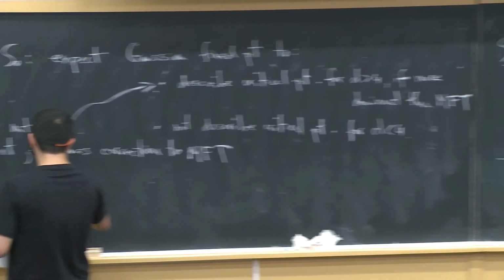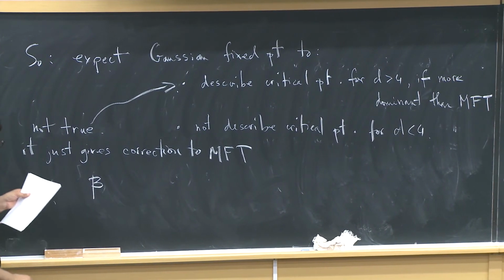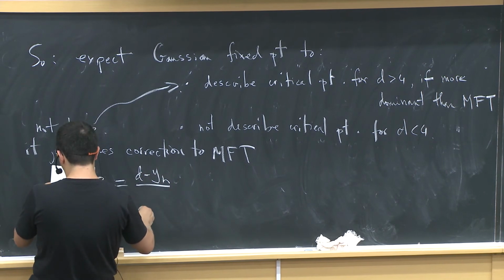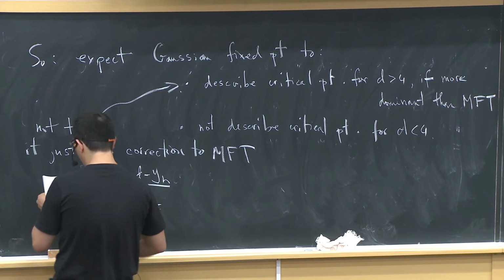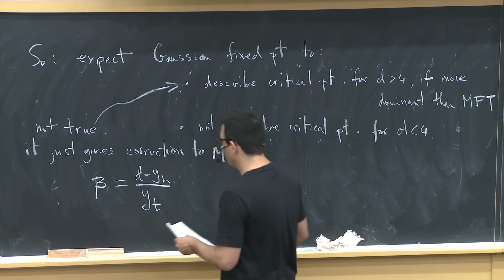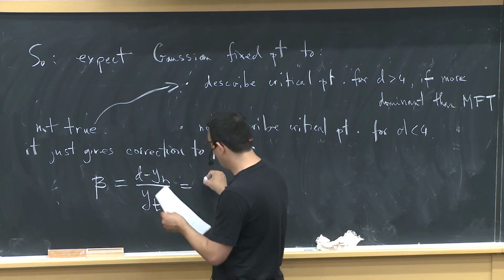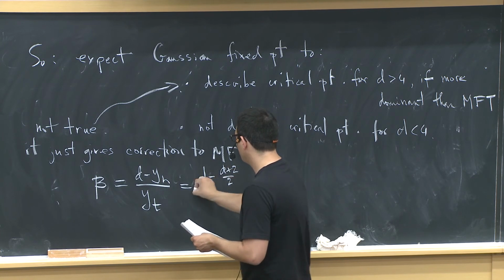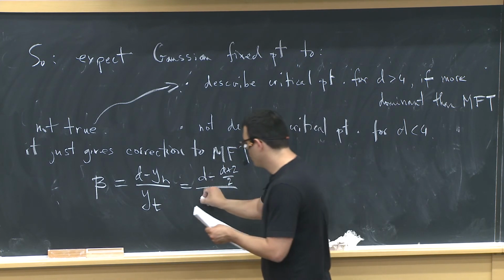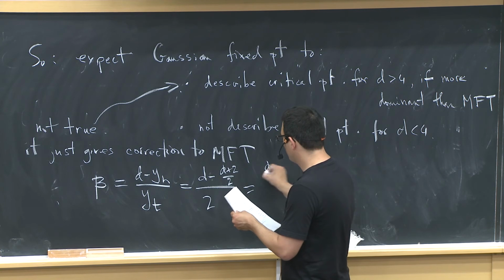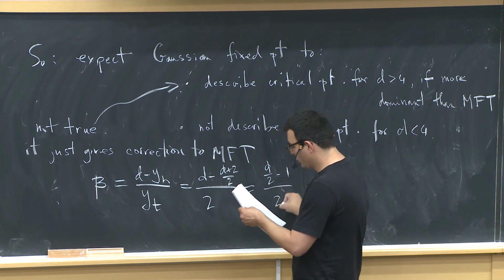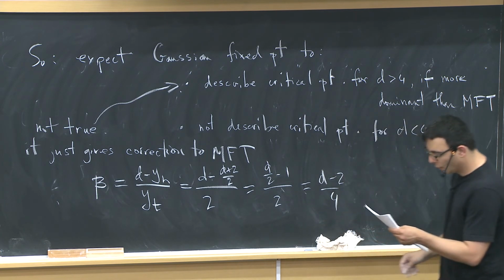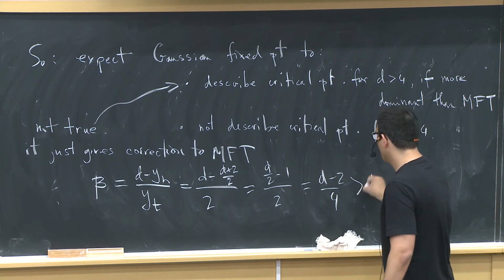And what we got, for instance, for beta was that this is (d minus y_h) divided by y_t. And if we plug this in, we get d minus (d plus 2) over 2, everything divided by 2. So this is d over 2 minus 1 over 2. So this is (d minus 2) over 4. And this is bigger than 1/2.